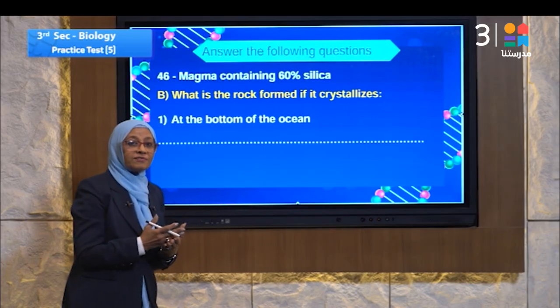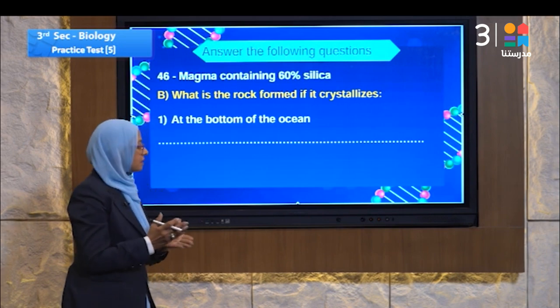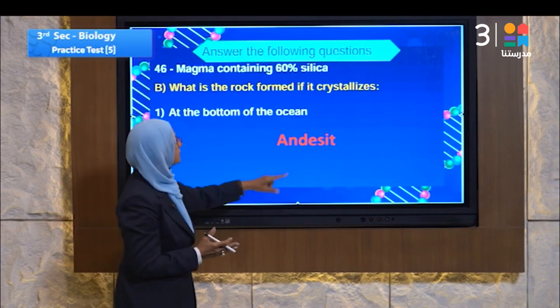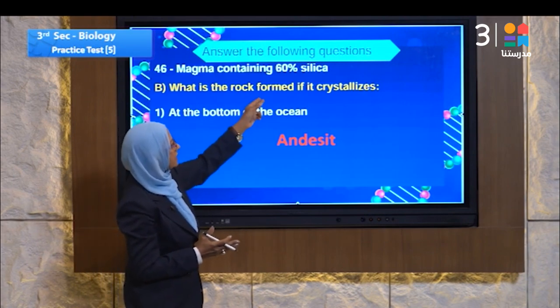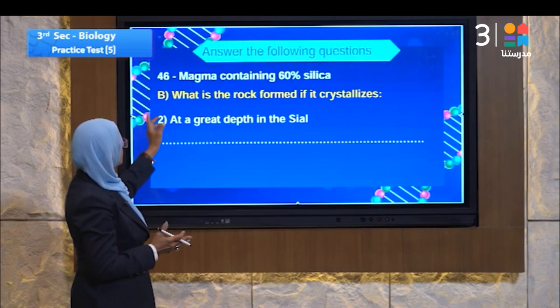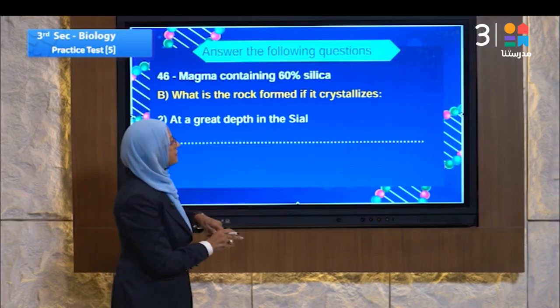The position of crystallization is very important in making different minerals. At the ocean, it must be andesite, when 60% of silica. What is the rock formed if it crystallized at great depth of Sial?